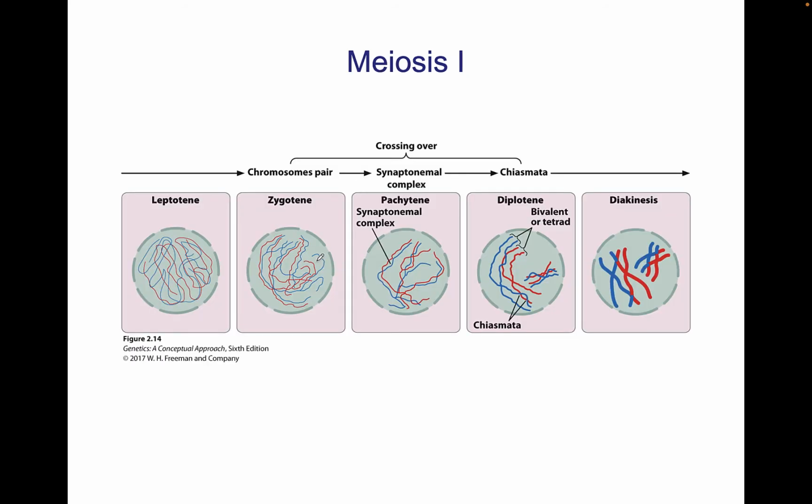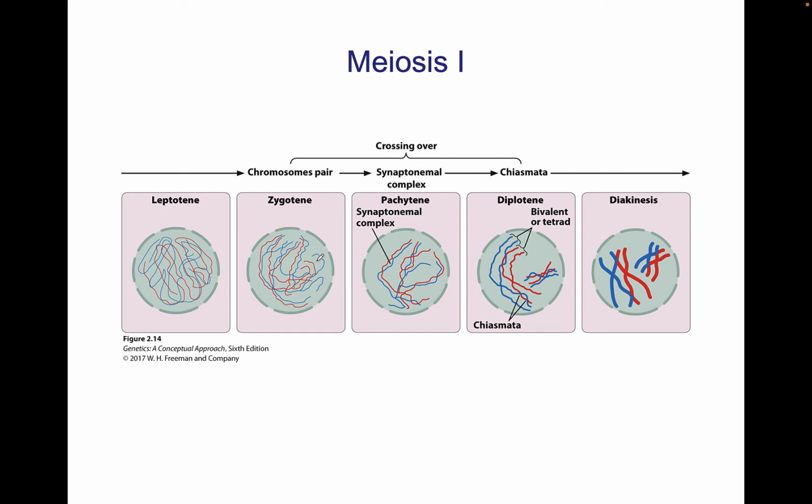So let's go into looking at these substages, which are significant for crossing over. This is how crossing over occurs. In the first stage, you have leptotene, which you may hear as leptonema. The chromosomes in leptotene condense and become visible. In zygotene or zygonema, the chromosomes continue to condense and homologous pairs pair up and begin to form that synapsis or synaptonemal complex.